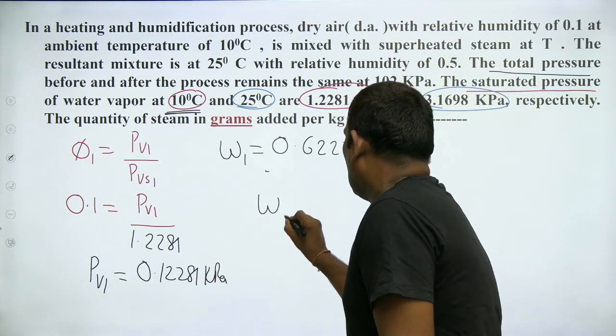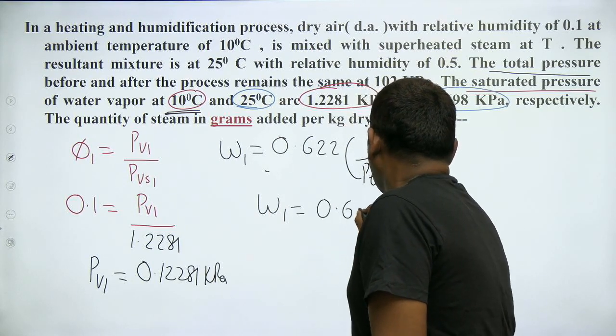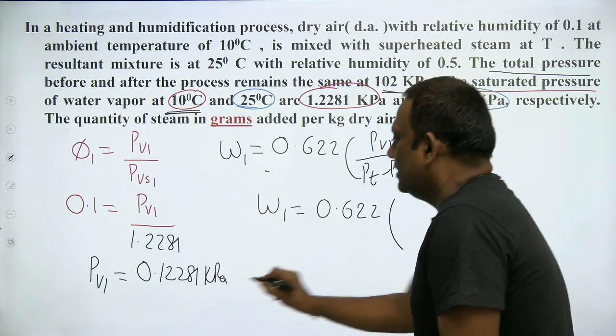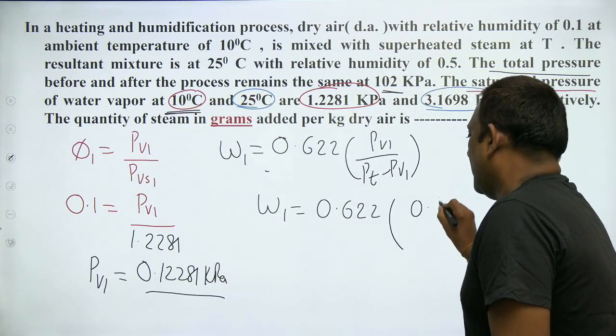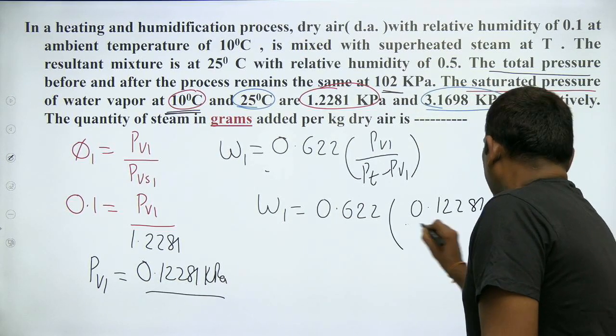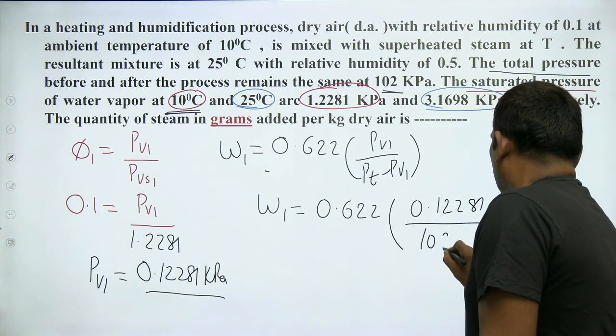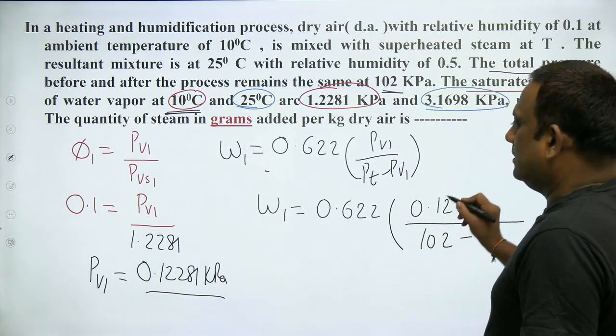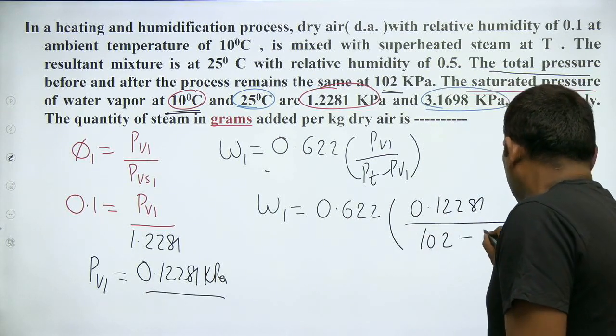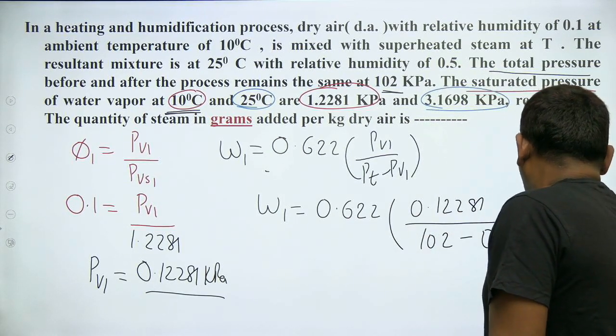So let me calculate omega 1, which is 0.622 PV1, which you have just calculated, that is 0.12281, divided by P total minus PV. What is P total? 102. What is PV? 0.12281.